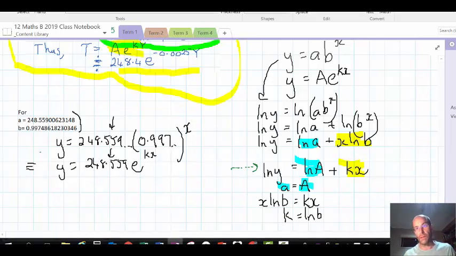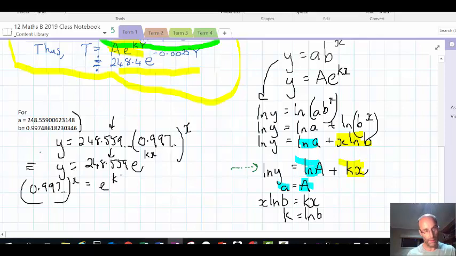So looking for an e to the kx. Okay, so dispensing with the a's because they're a known, we've got 0.997, etc. to the x equals e to the kx. Logs of both sides.